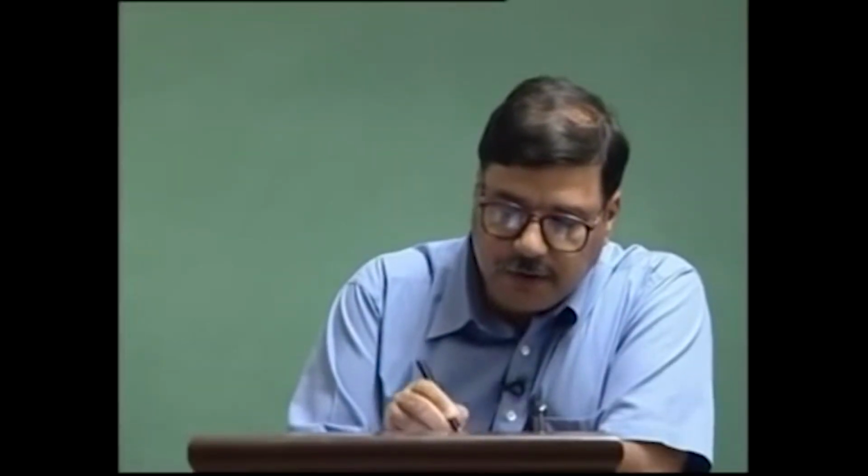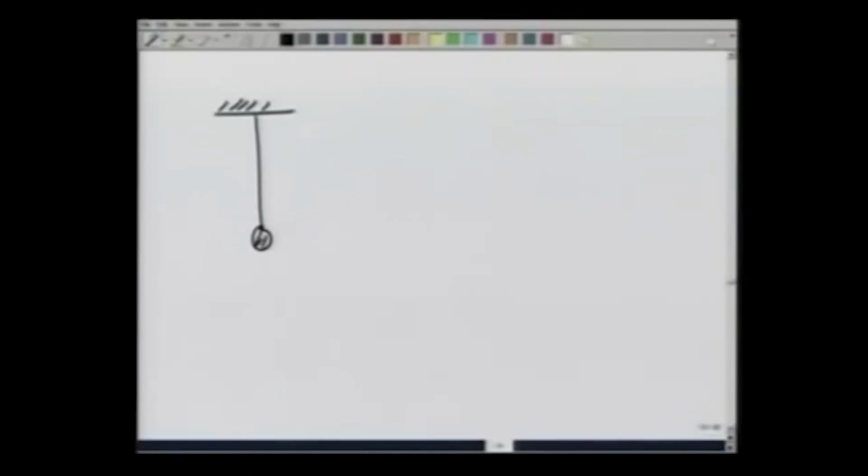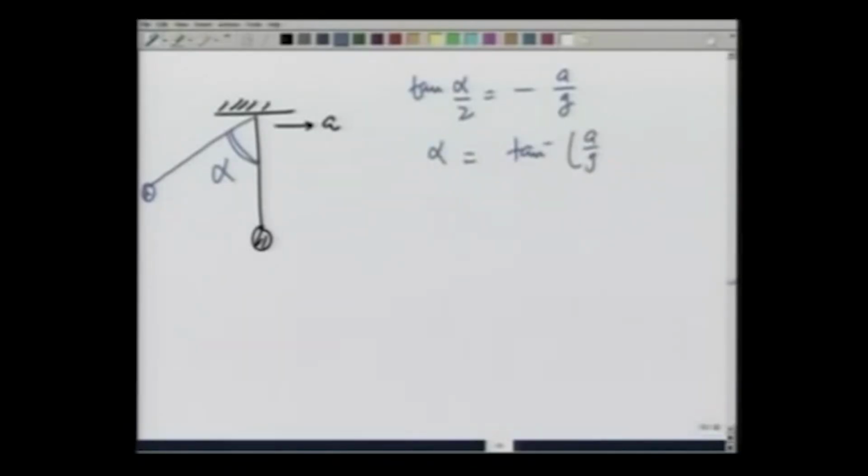So, here was the support which suddenly moved towards this with acceleration A, and the final position is such that at a point such that this angle is alpha, then tangent alpha by 2 is minus A upon G, or alpha just in magnitude is equal to tan inverse A over G times 2.